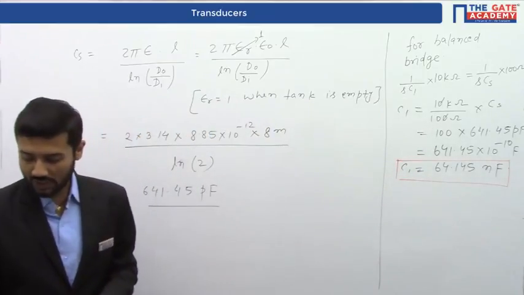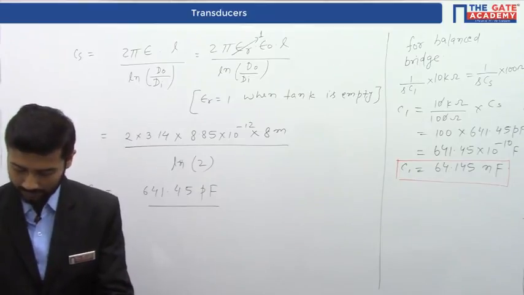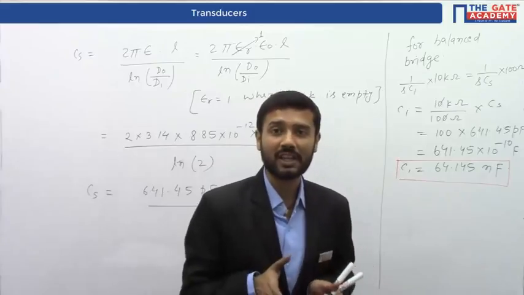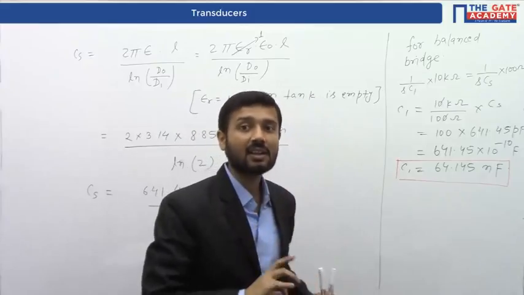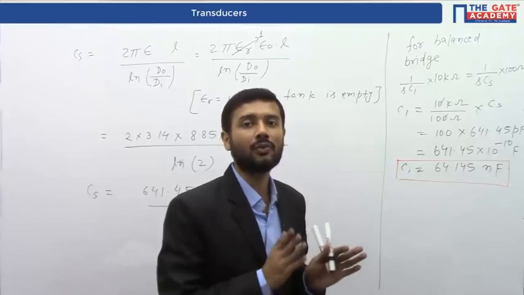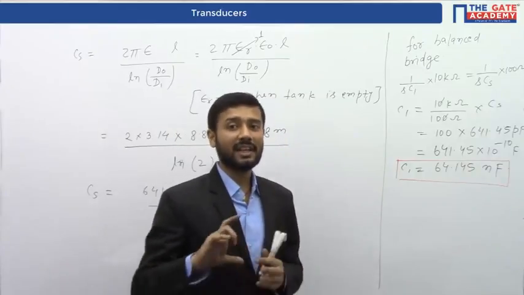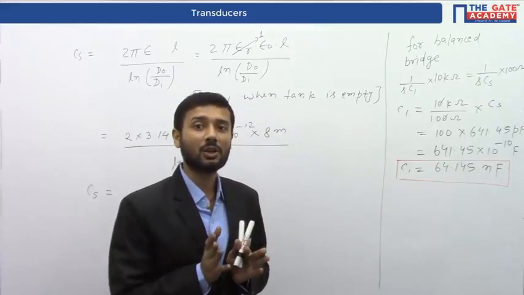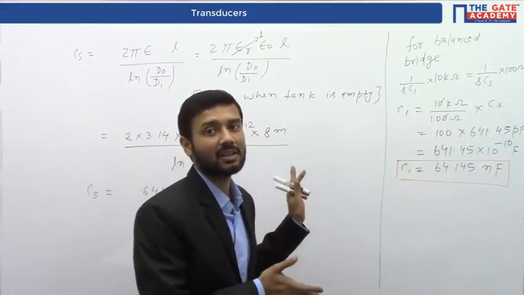Now the next question is to find the output voltage when the given tank is full. When the tank is full, we have to find the value of V naught. So first we have to find the capacitance value of the level measurement transducer.